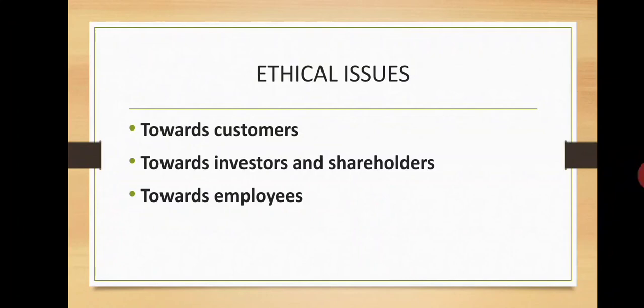And next ethical issues is towards investors and shareholders. See, as you all know, the shareholders are also owners of the business. Shareholders must be given fair returns on their investments at regular intervals.